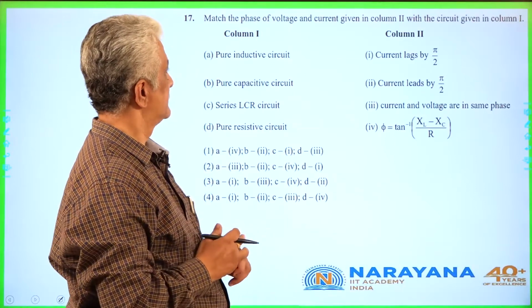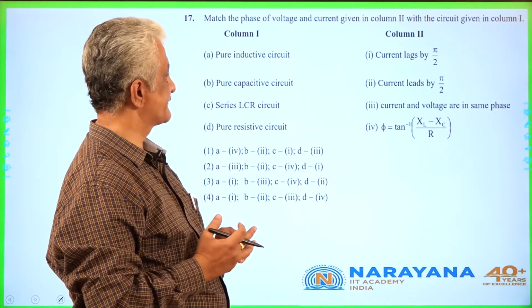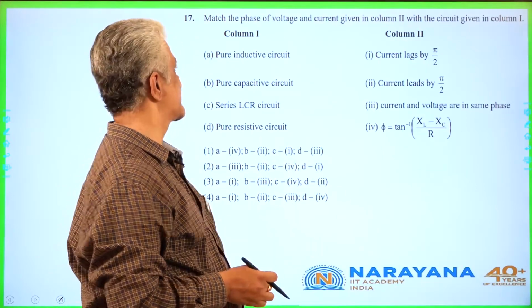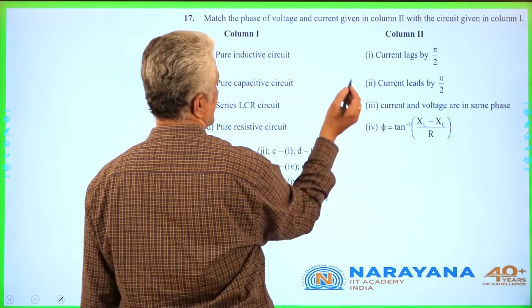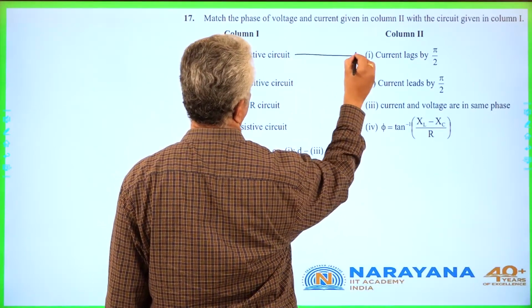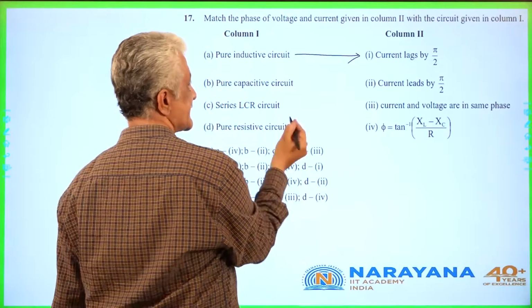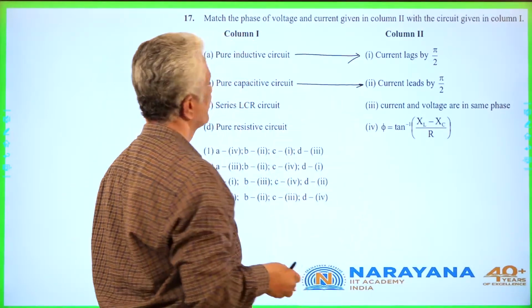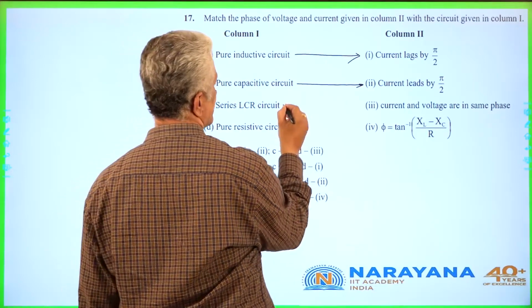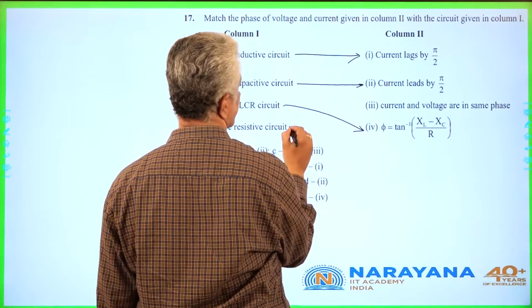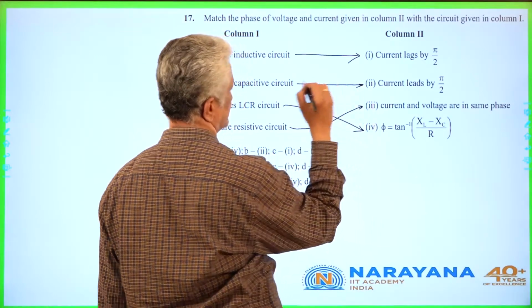17th question. Somewhat the answer given is memory based, but in this question a somewhat wrong answer is coming. In a pure inductive circuit, current is always lagging behind, whereas in a pure capacitive circuit, current is leading. But in a series LCR circuit, it will come like this, and in a pure resistive circuit, it comes like this.